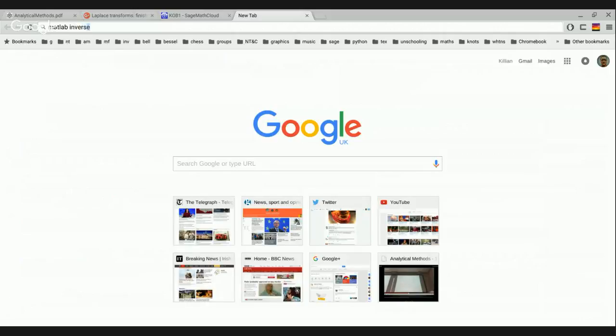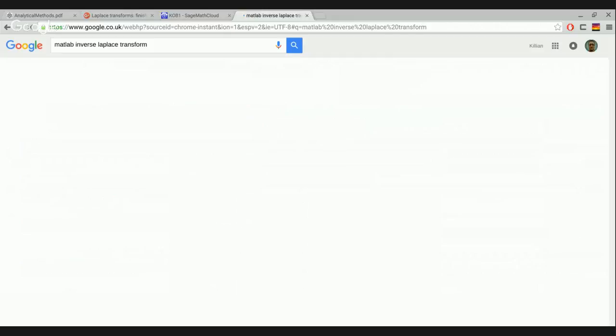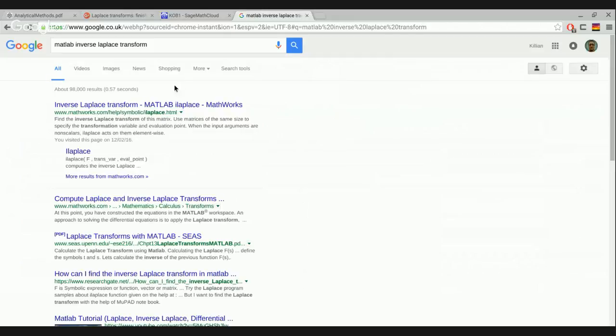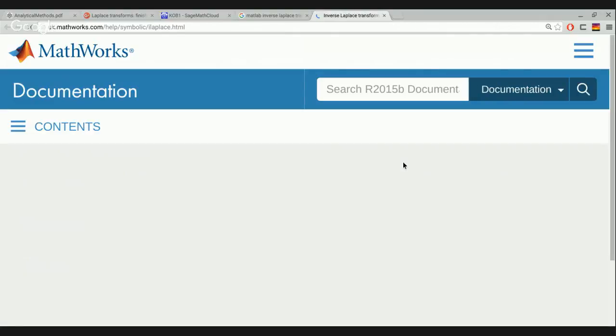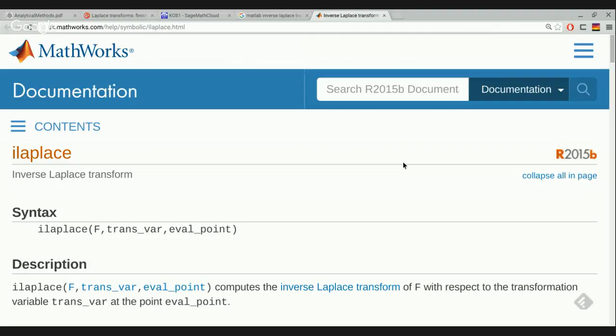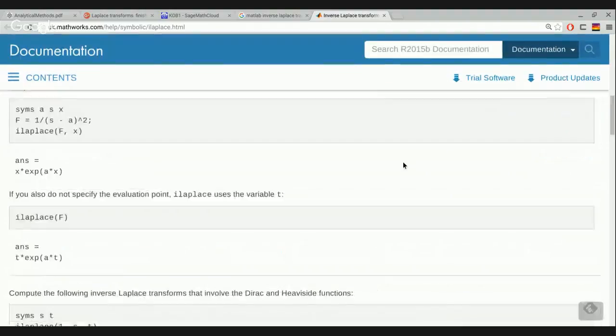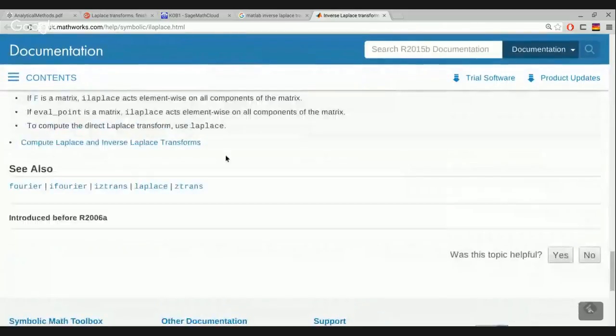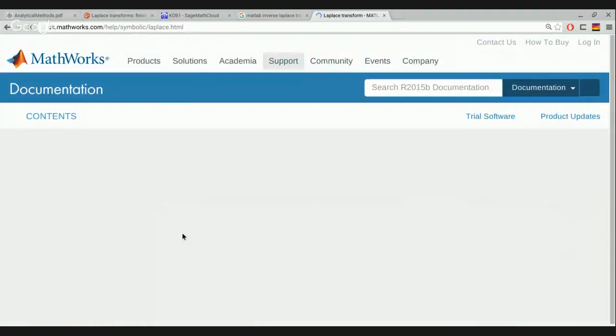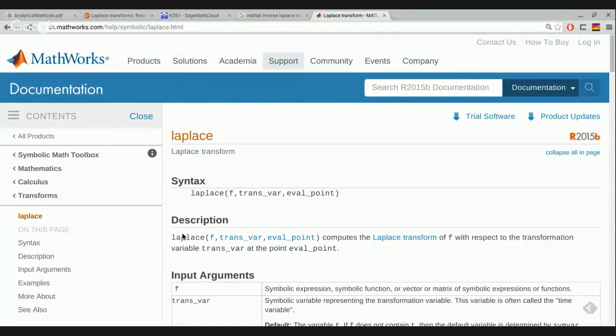So MATLAB has commands in it for taking the Laplace transform and the inverse Laplace transform. So you can use MATLAB to take inverse and forward Laplace transforms.